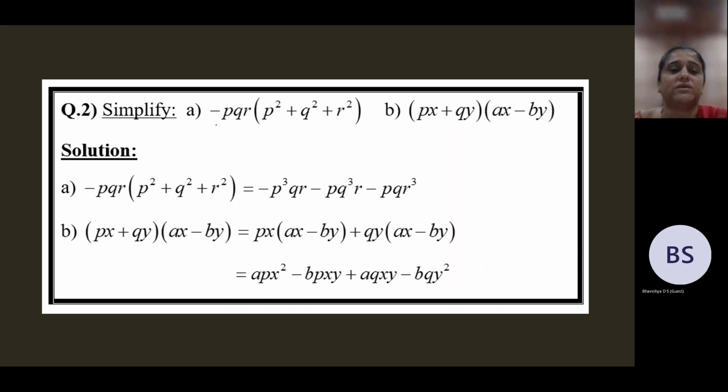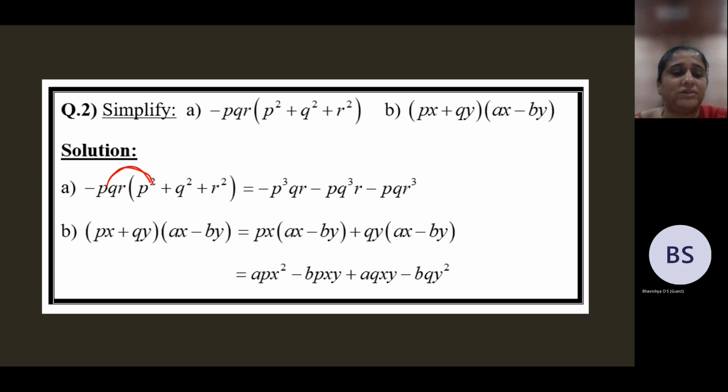So here, simplify. This is a product. This is a monomial, a single term. This is a trinomial, 3 terms. So we have to multiply this monomial with this trinomial. So how do we do that? Multiply minus PQR and P square.